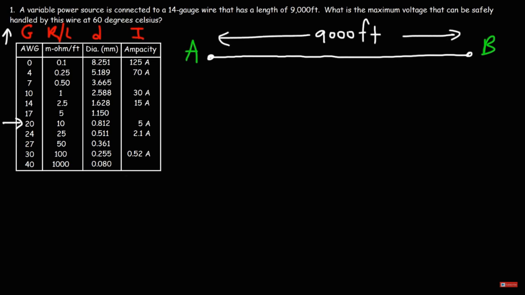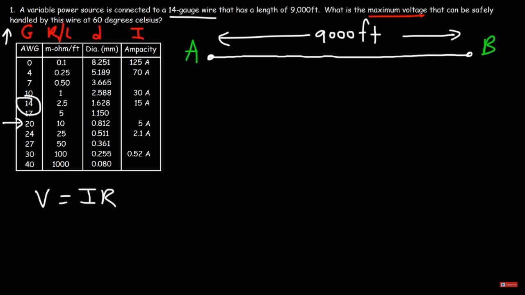How can we determine the maximum voltage that can be applied? Well, we could use Ohm's law. V is equal to IR. The wire has a certain amount of resistance, and there's a maximum current that it can handle. So this is a 14 gauge wire.